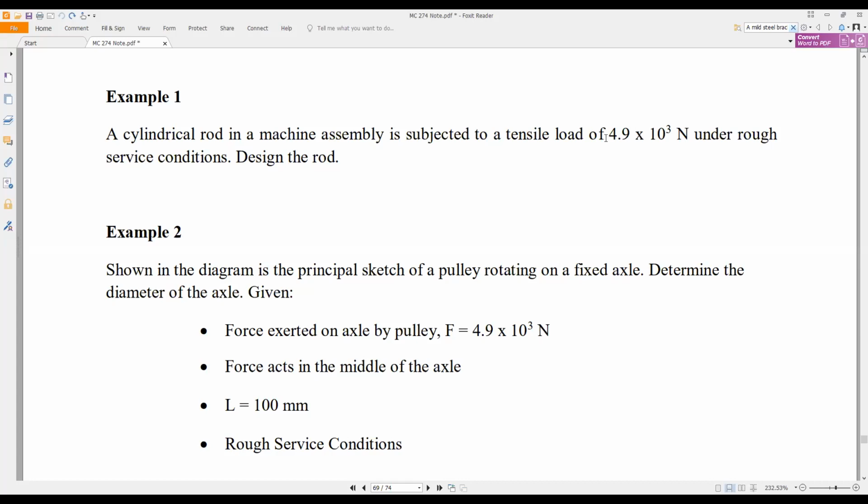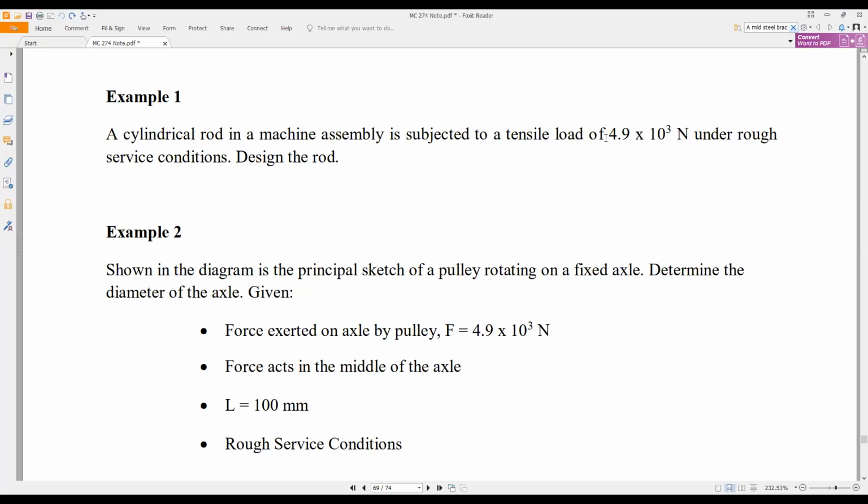The equation for the tensile stress in the material is the force the object is subjected to divided by the cross-sectional area.